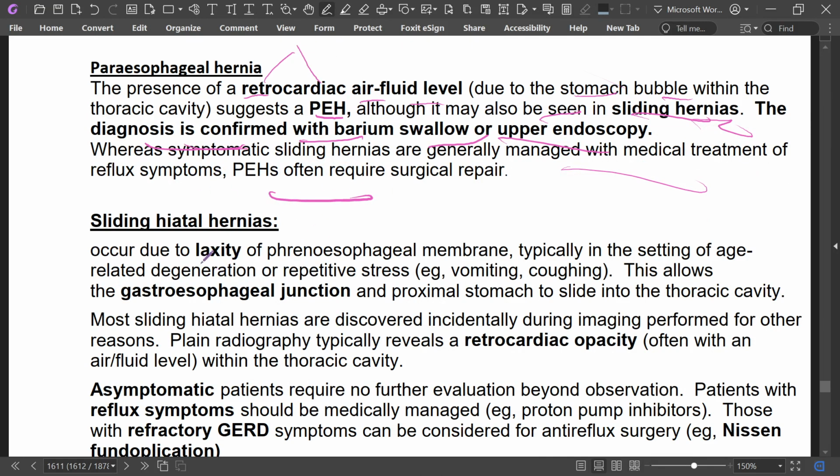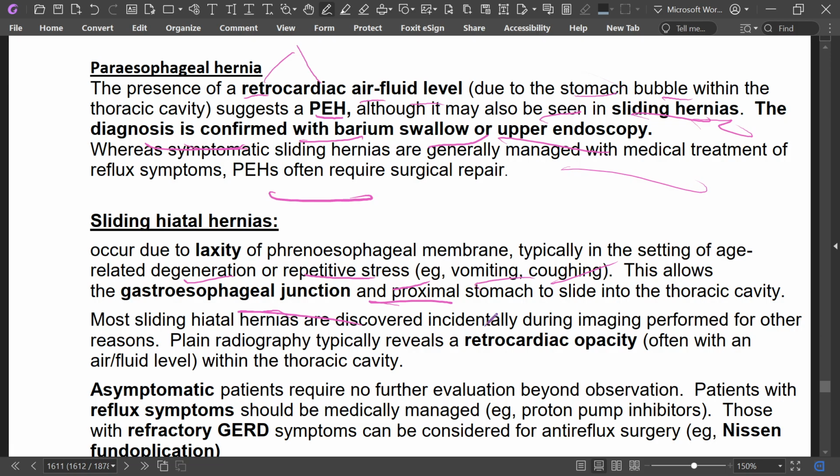Sliding hernia occurs due to laxity of the phrenoesophageal membrane, typically in the setting of age-related degeneration and repetitive stress such as vomiting and coughing. This allows the gastroesophageal junction and the proximal stomach to slide into the thoracic cavity.